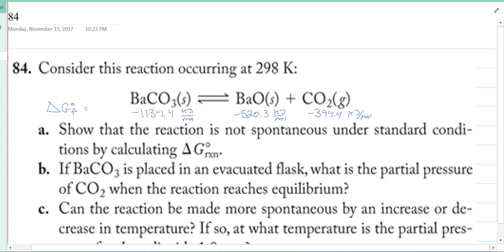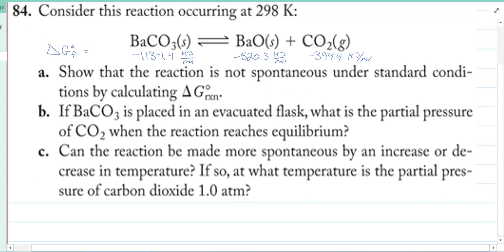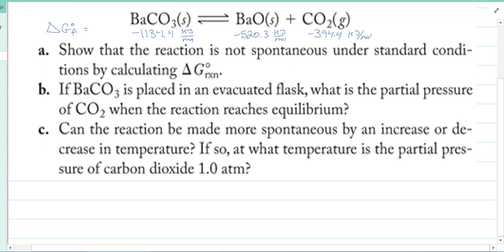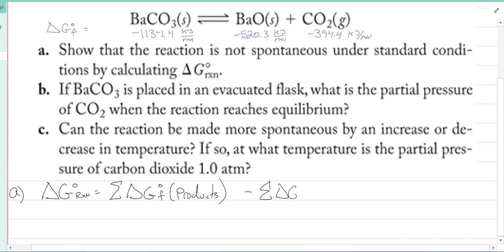Now we're going to do products minus reactants. For A here, delta G standard is equal to the sum of delta G standard of formation of products minus the sum of delta G standard of reactants.